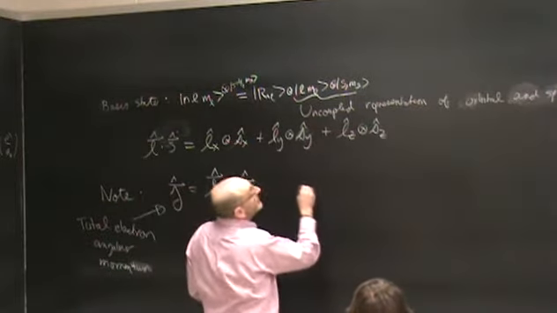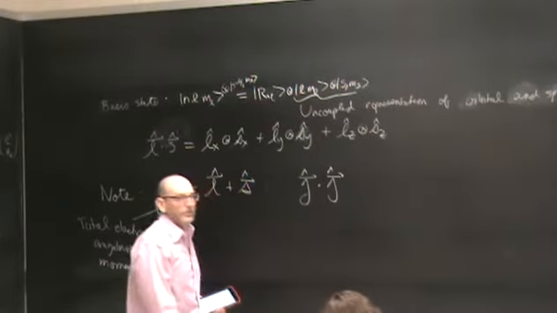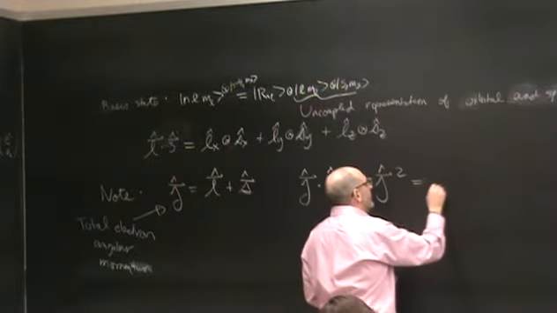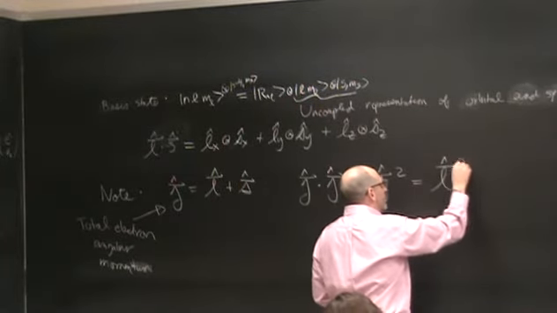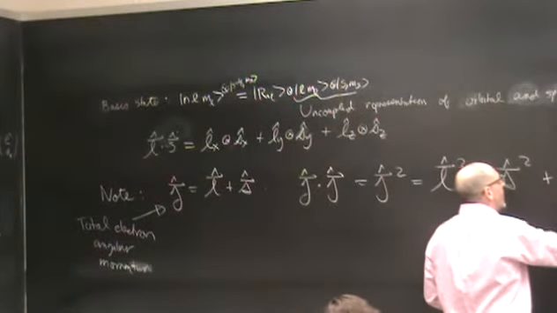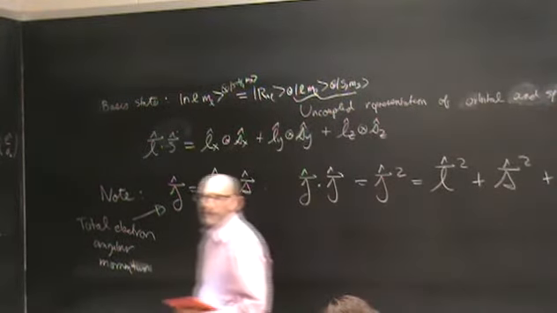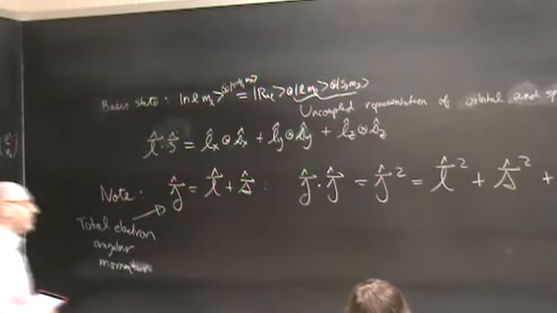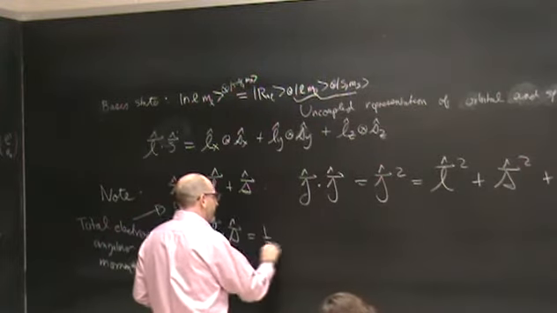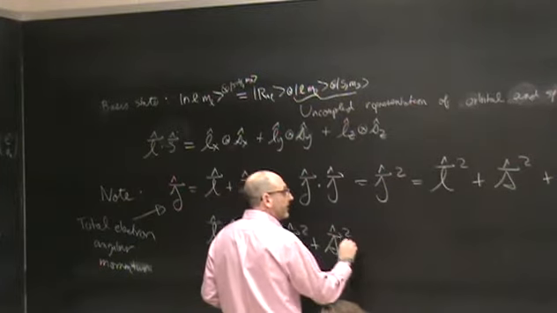Now note, what is J dot J, also known as J squared? Well, that is L dot L, which is L squared, plus S dot S, which is S squared, plus twice L dot S.